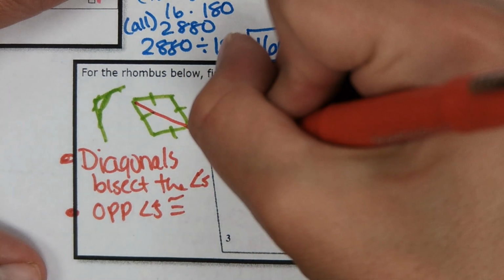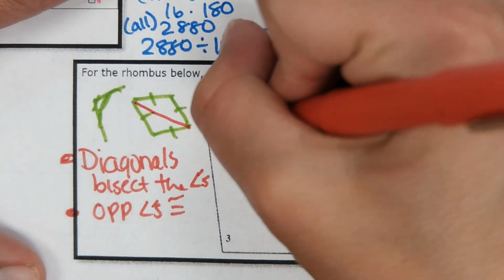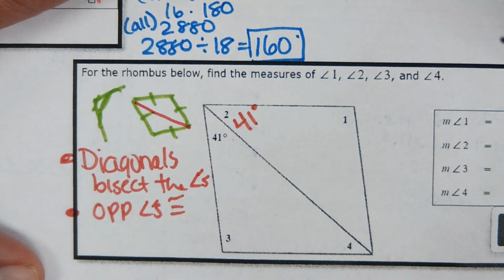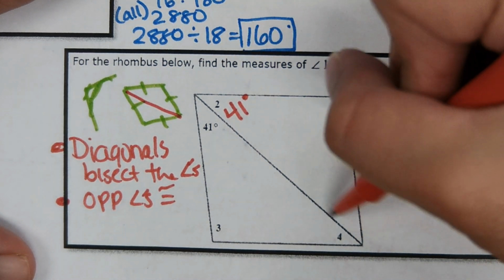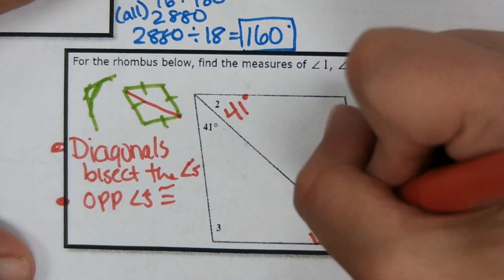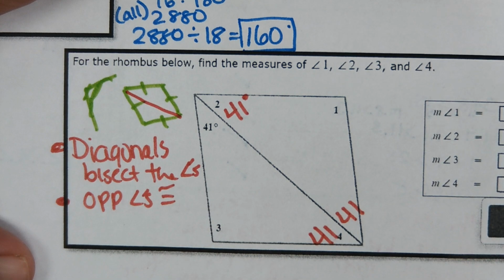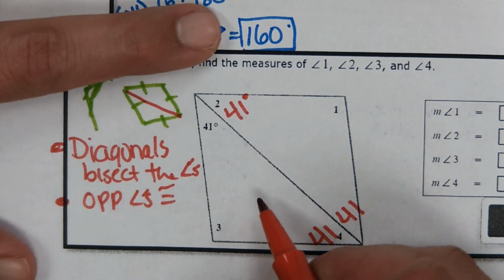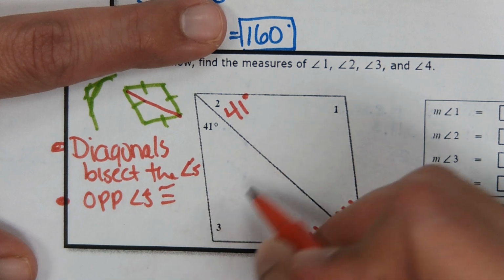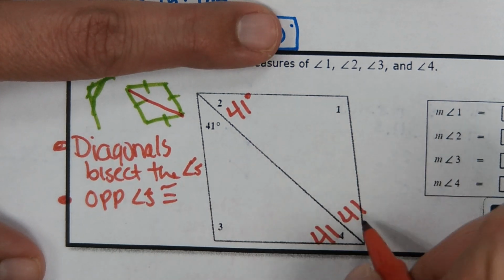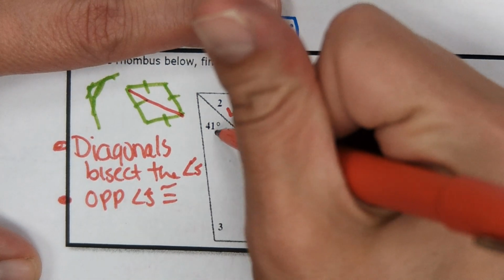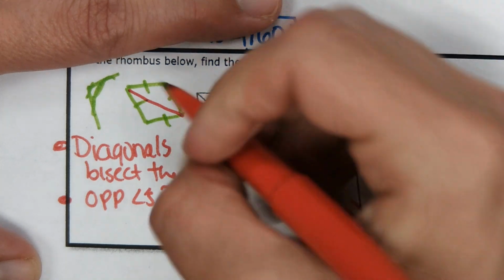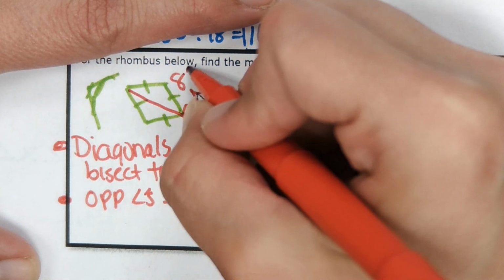Okay, so if the diagonals bisect the angle, if this is 41, then this is 41. And then opposite angles are equal, so this is 41, this is 41. And then for these angles, there's different ways we could do it, and these will be equal. So this angle and this angle are supplementary, so this whole thing would be 82.